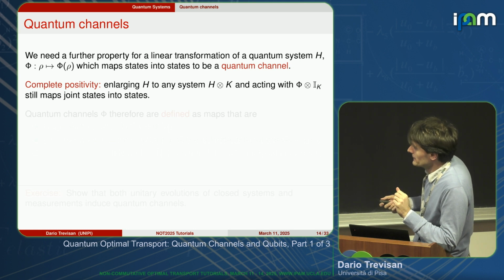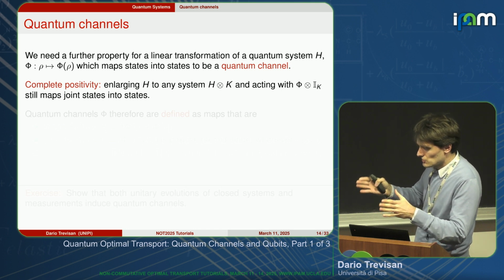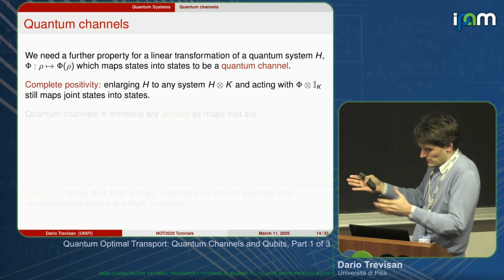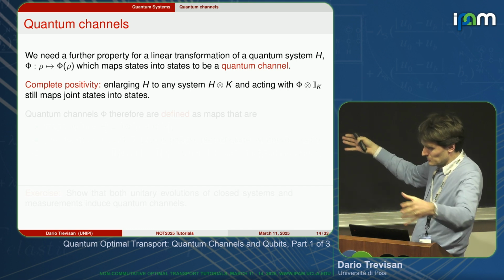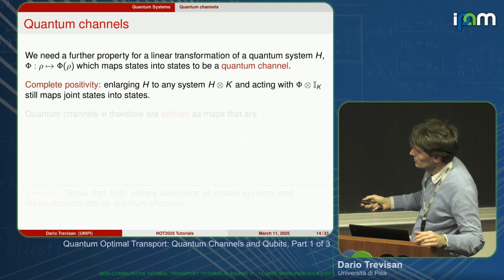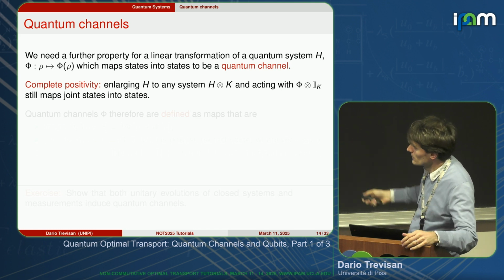What do I mean? It's something which is maybe not immediate from a classical point of view. The point is your system H typically is a subsystem of a larger system. You can think of a particle in the lab, which is also inside the lab, inside Los Angeles, inside the universe, and so on. So if I think of my system as part of a larger system, I tensor with another subsystem K, which you can think of as an environment.